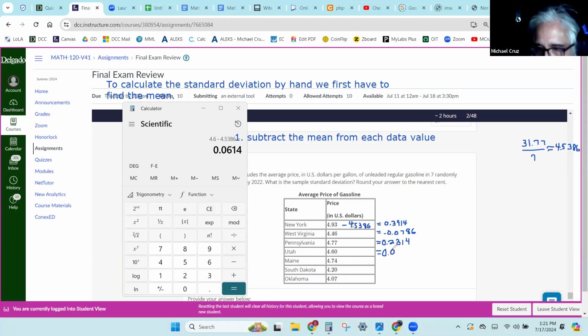And it's always a good idea to check everything twice. All right, we're getting close here.